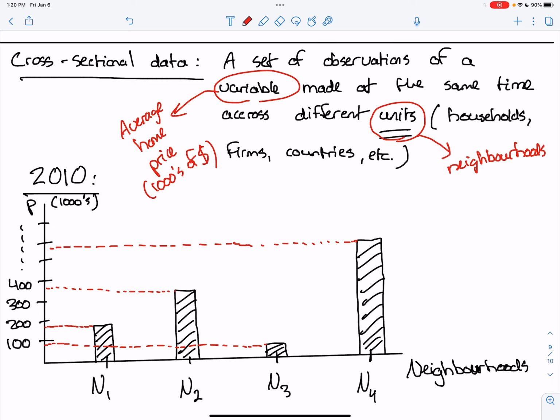Okay, this is as opposed to time series data, which are almost the exact opposite.